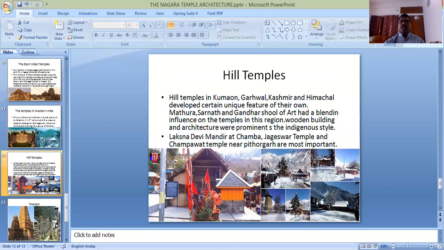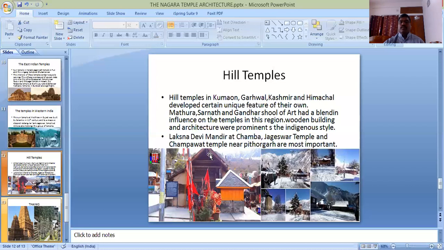The Lakshana Devi Mandir at Chamba, the Jageshwar Temple, and the Champavat Temple near Pithoragarh are most important.